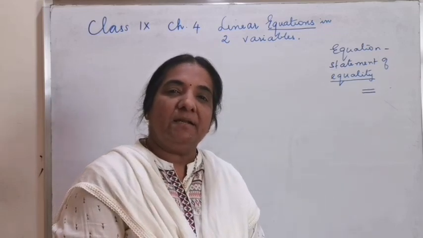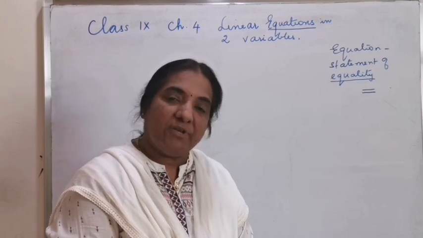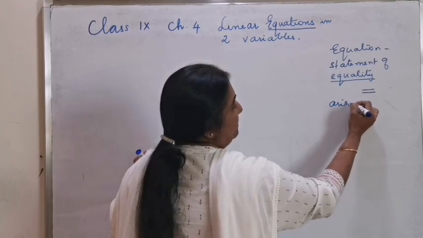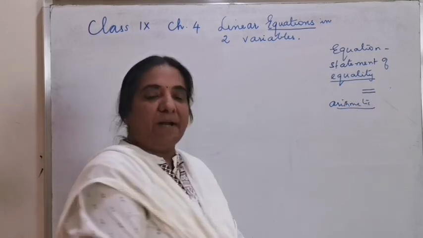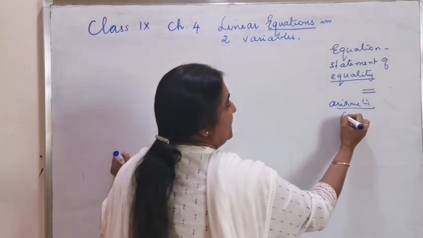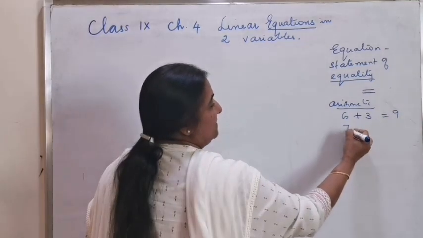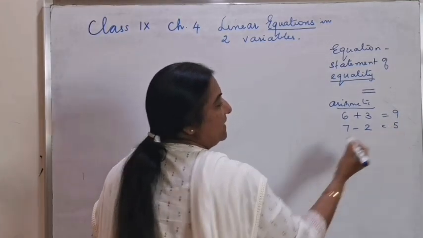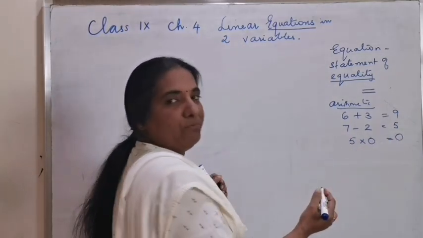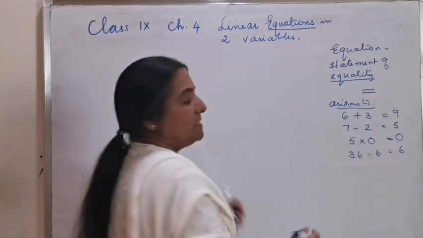Let's see in arithmetic what is the application of an equation. In arithmetic, in the branch of mathematics, 6 plus 3 is equal to 9. 7 minus 2 is equal to 5. 5 into 0 is equal to 0, and 36 divided by 6 is equal to 6.